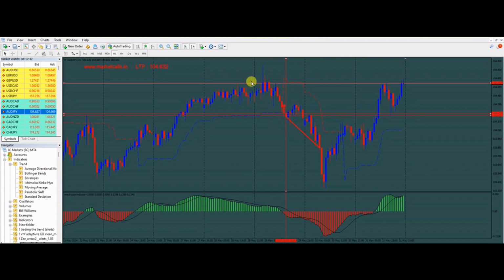Here you have a signal. The indicator is telling us that the price is going to go up. And if you look down here, the MACD is saying that the trend is still down. So we wait for this. Then we put our horizontal line here.